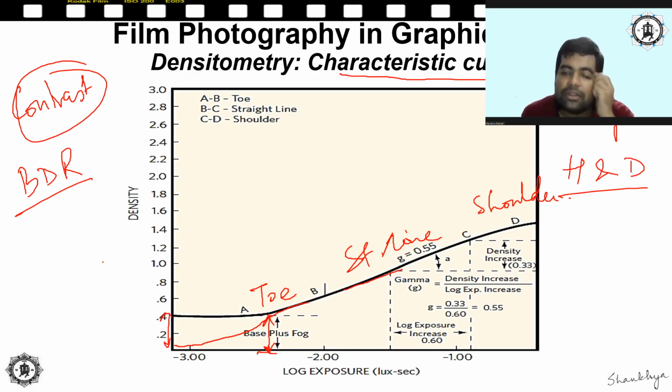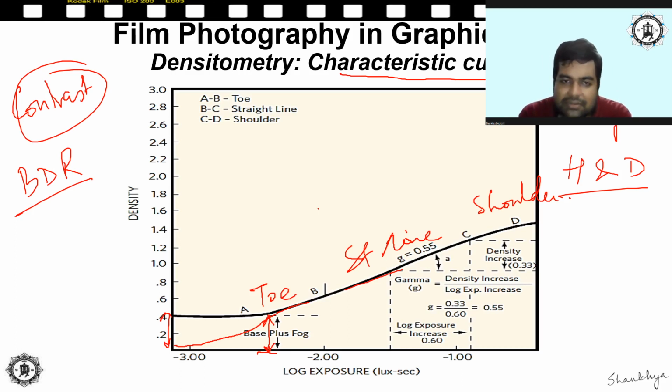That means you know that due to fogging I will lose 0.4 density value. So this is known as the fogging level for that film. And the straight line section is very important. All the calculations that we'll be doing, all the contrast that will be calculated, is going to come from the straight line section.